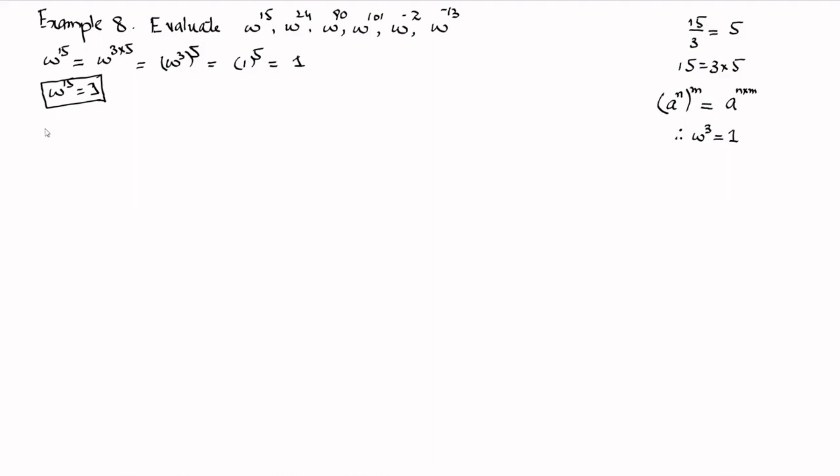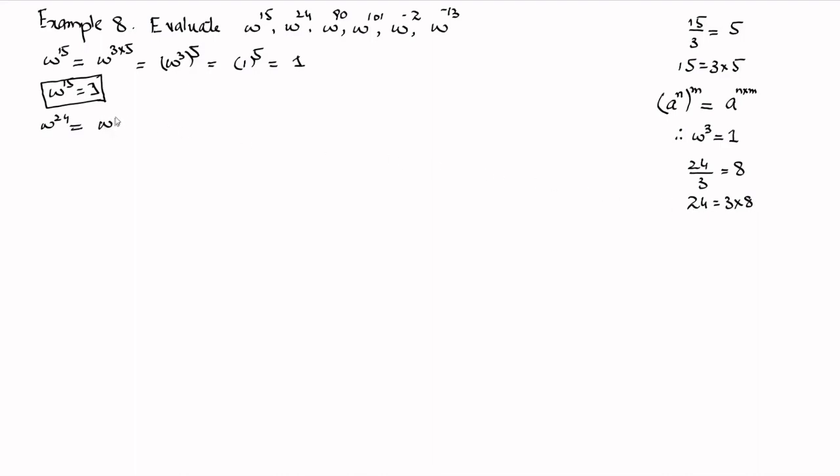Now we will consider omega raised to the power 24. 24 divided by 3 is equal to 8. So 24 can be written as 3 into 8.